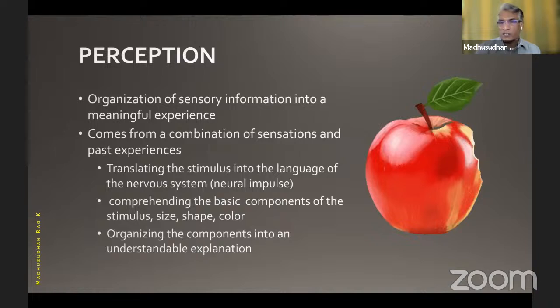I may camouflage it, but you will definitely say, sir, no, it is not an apple, something else. Those are the perceptions you formed based on the sensory inputs you had. Okay, we are organizing the components into an understandable explanation.